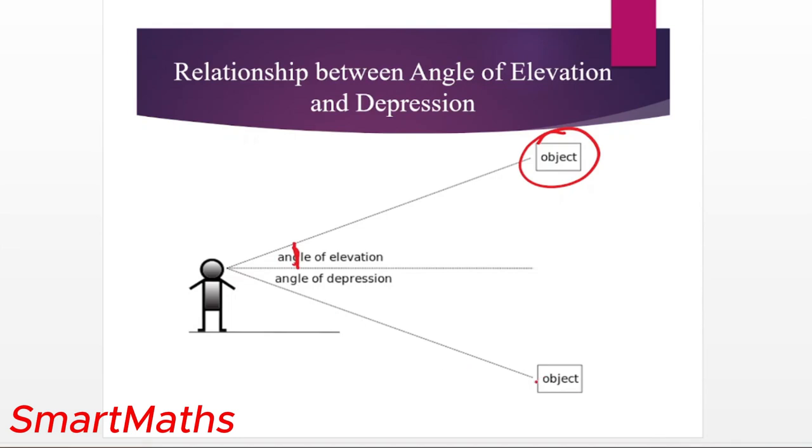For example, you are at the top of a building, and you want to look at a helicopter going by, so you have to raise your head. The amount of turn you made to look at the helicopter above you is the angle of elevation. And the amount of turn you made to look at someone at the ground floor is referred to as the angle of what? Depression. Because you have to depress your eyes. And when you want to look at the helicopter, you also have to raise your head, you elevate your head up.